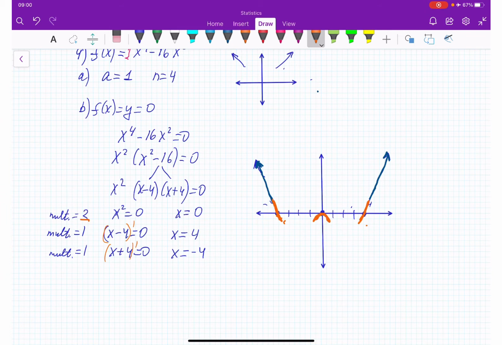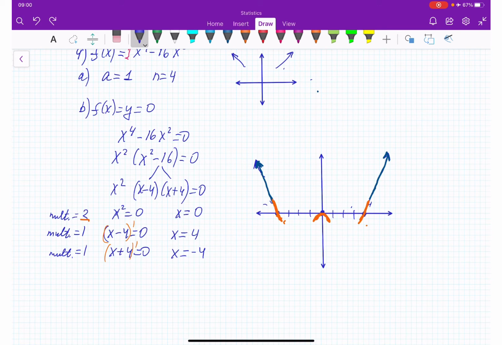So you can connect. Now, how much is it going to go down? Nobody knows. So for that, we can take a whole number and calculate to figure out how far down it will go.